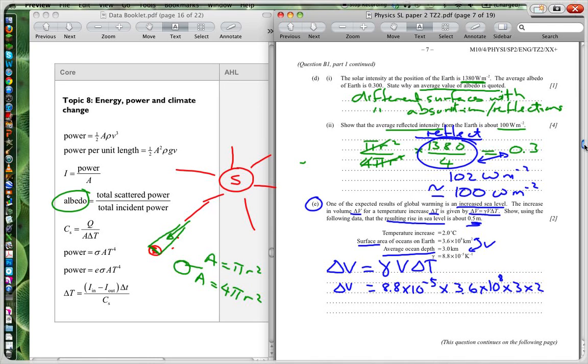So if I multiply that all out, let me just do that actually.